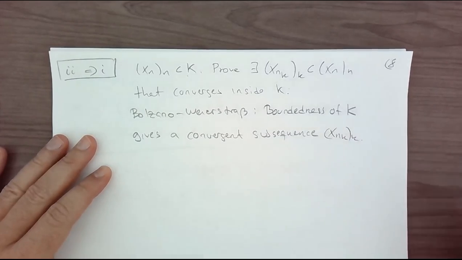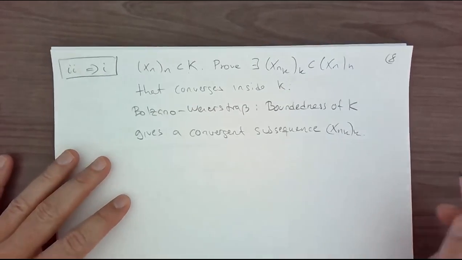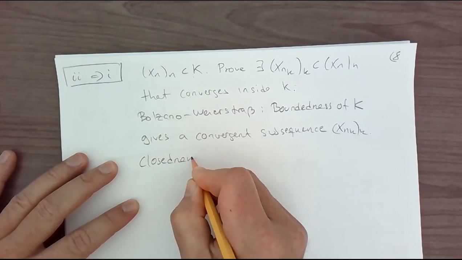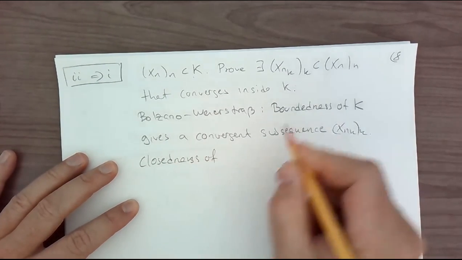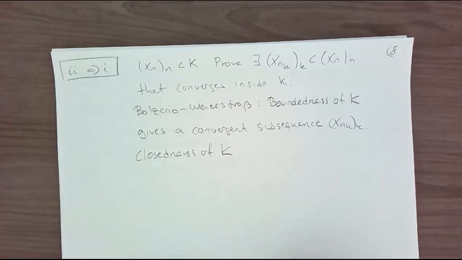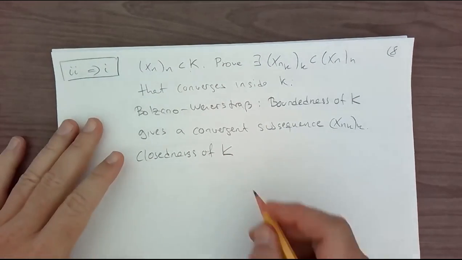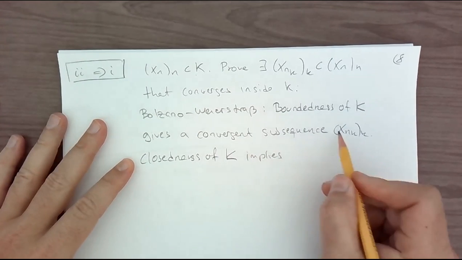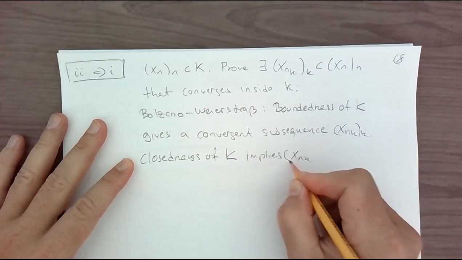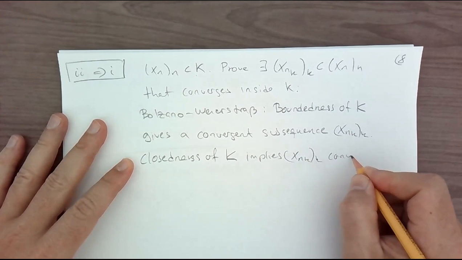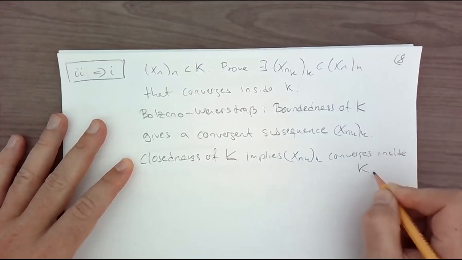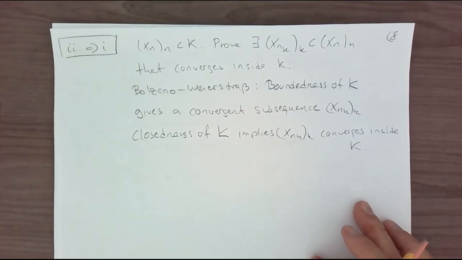So then how do we get it to be inside K? We use closedness of K. Closedness of K is going to imply that the subsequence converges inside K. So that's not bad.